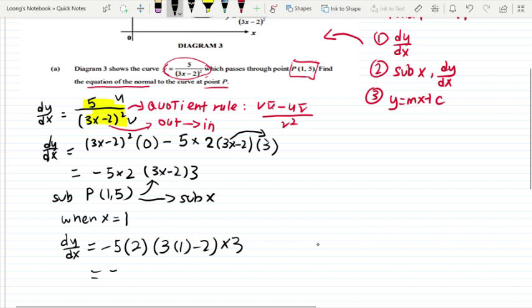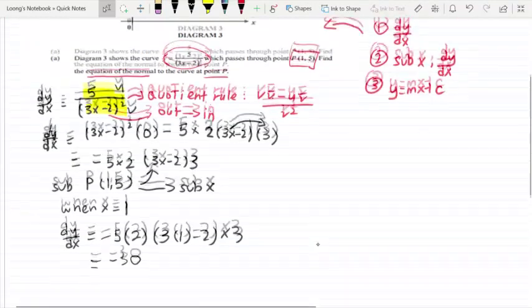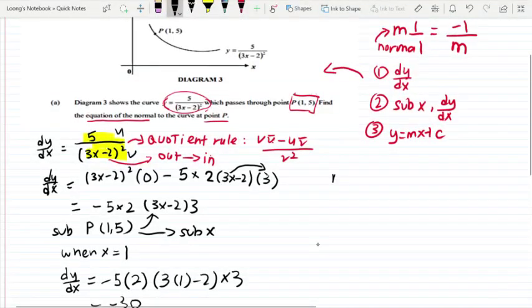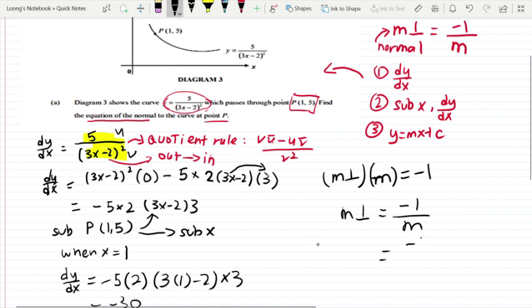The final answer is -30. Now for the gradient of the normal, the formula is gradient of the normal multiplied with the gradient equals -1. The gradient of the normal is -1 over m, and in this case it is -1 divided by -30, which is 1/30.